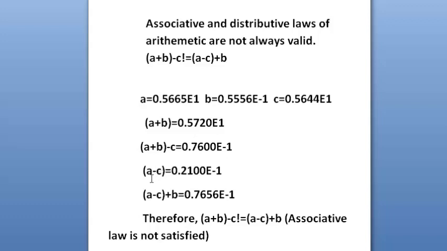Now we calculate a minus c, which comes to 0.2100 E minus 1, and then we add b to this, and we get 0.7656 E minus 1. This is the right hand side. We can see from these two values that the left hand side is not equal to the right hand side, that is, the associative law is not satisfied when we use floating point numbers.